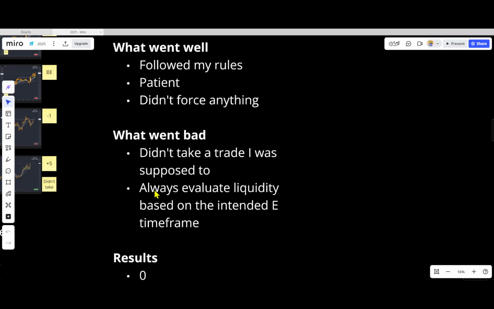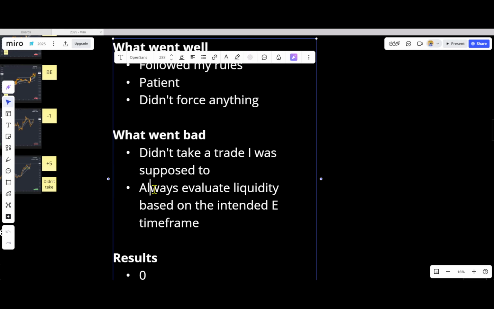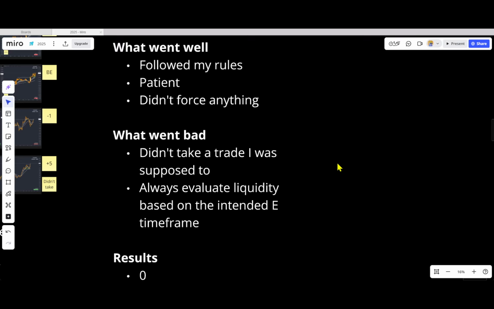And that led to me creating this new rule for evaluating liquidity. I remember I made this mistake where I evaluated liquidity on an entry time frame that was not actually my intended entry time frame. I usually enter in 10 seconds, but some assets are not really tradable on the 10 second simply because the price action is a bit too choppy.